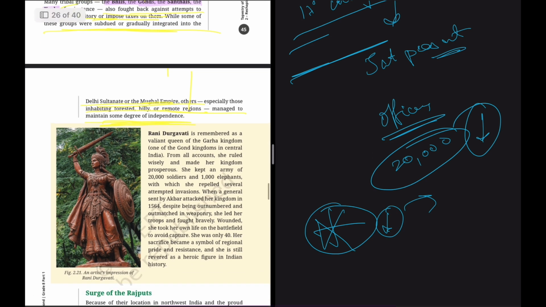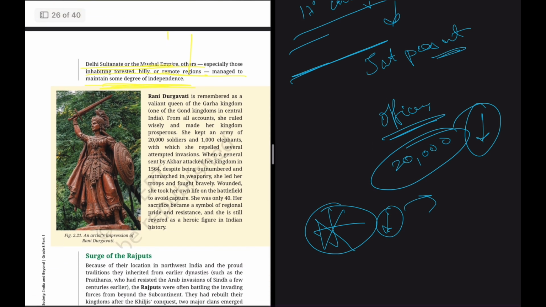One such great leader was Rani Durgavati, remembered as a valiant queen of Garha, one of the Gond kingdoms in central India. From all accounts, she ruled wisely and made her kingdom prosperous. She kept an army of 20,000 soldiers and 1,000 elephants, with which she repelled several attempted invasions.